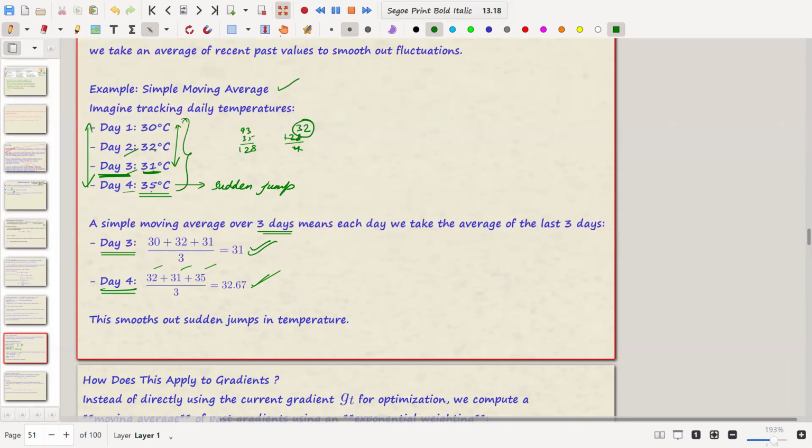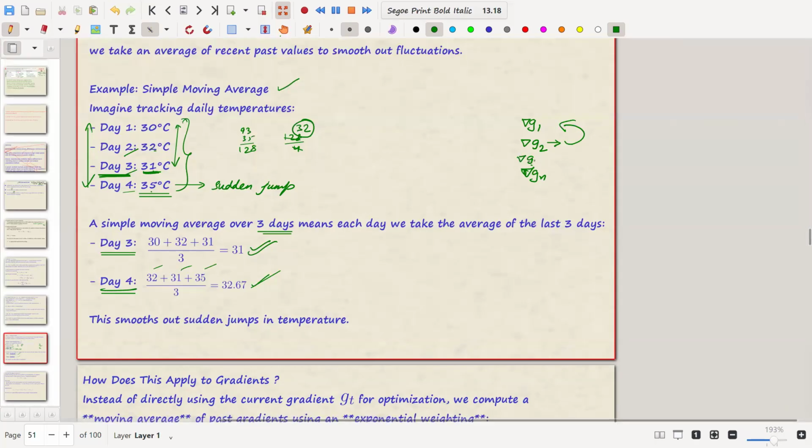That means in your number of iterations, suppose in the first iteration you compute gradient G1, then in the next iteration you compute gradient G2, and so on. When you are computing G2, you use the value of G1.